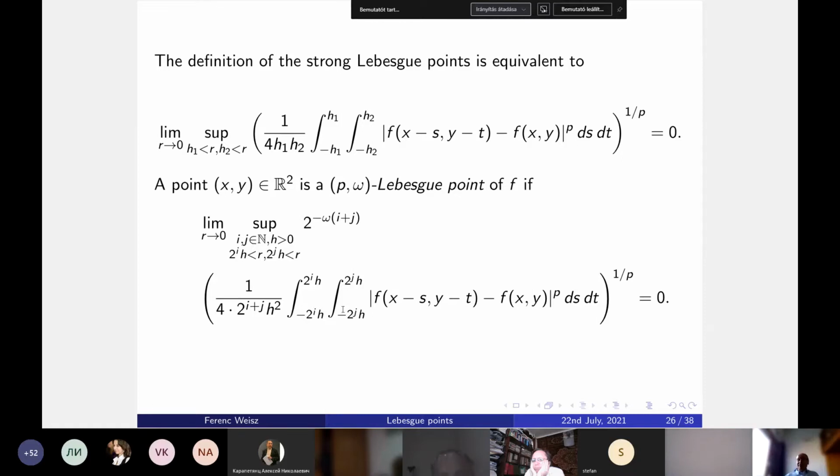Here we integrate again over rectangles. We multiply by the same weight as before in the definition of the maximal operator. We take the supremum for all rectangles with sides smaller than r, and then r goes to 0. So this is the definition of p-omega Lebesgue points.